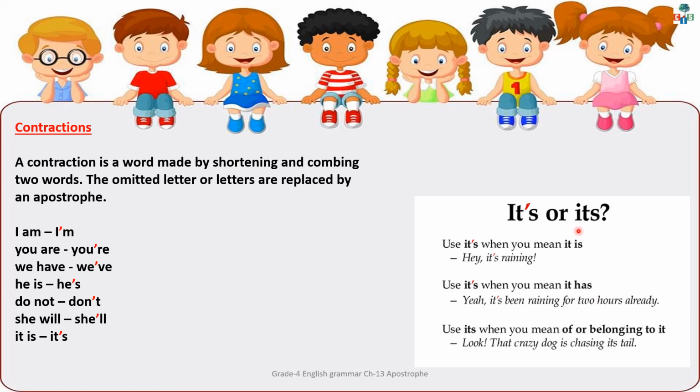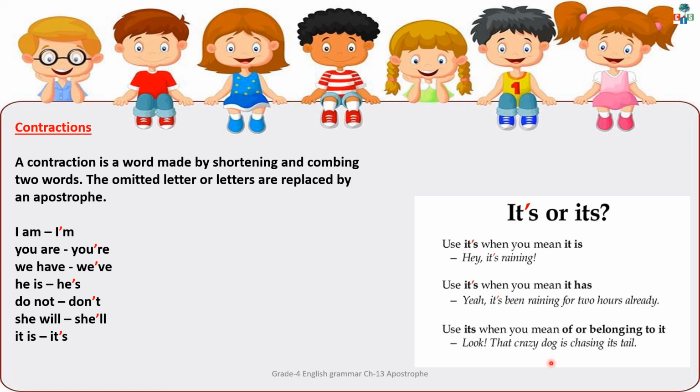And when its is used without an apostrophe mark, it means of or belonging to it. For example, look, that crazy dog is chasing its tail. Its tail means the tail of the dog. Whose tail are we talking about?